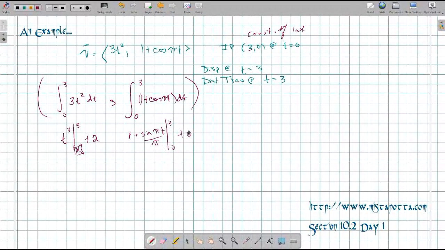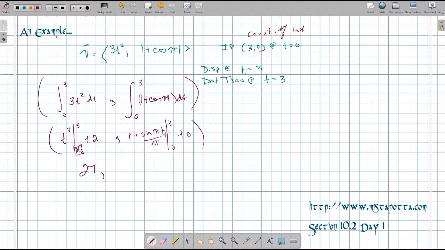And adding zeros is not going to change anything here. So this ends up being 3 cubed, which is 27.